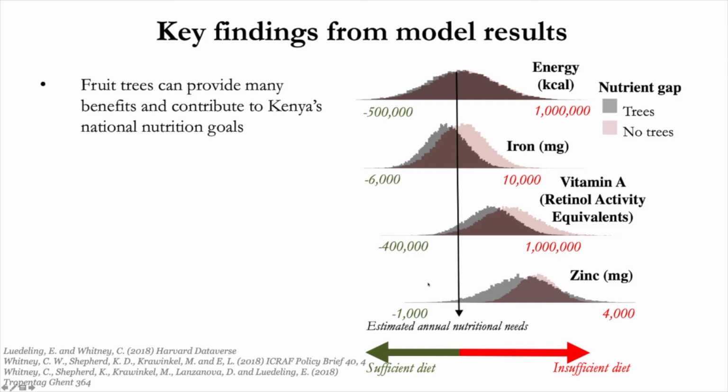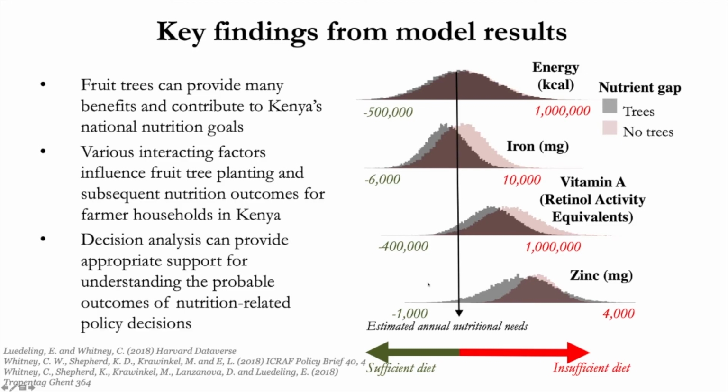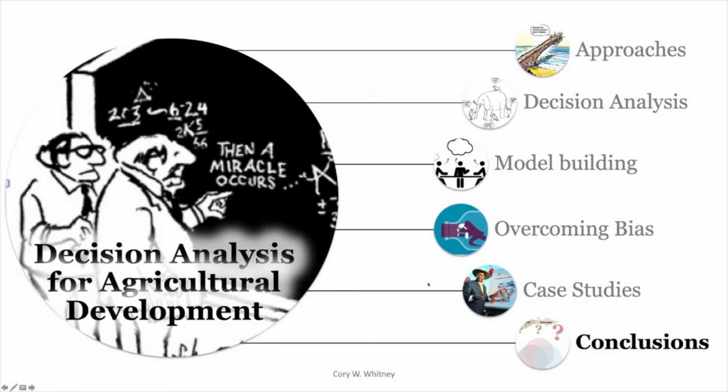Trees are not the silver bullet to deal with nutritional issues on smallholder farms. There are various interacting factors that influence fruit tree planting and subsequent nutrition outcomes for farmer households in Kenya. And decision analysis can provide appropriate support for understanding the probable outcomes of nutrition-related policy decisions. Those are our main conclusions.